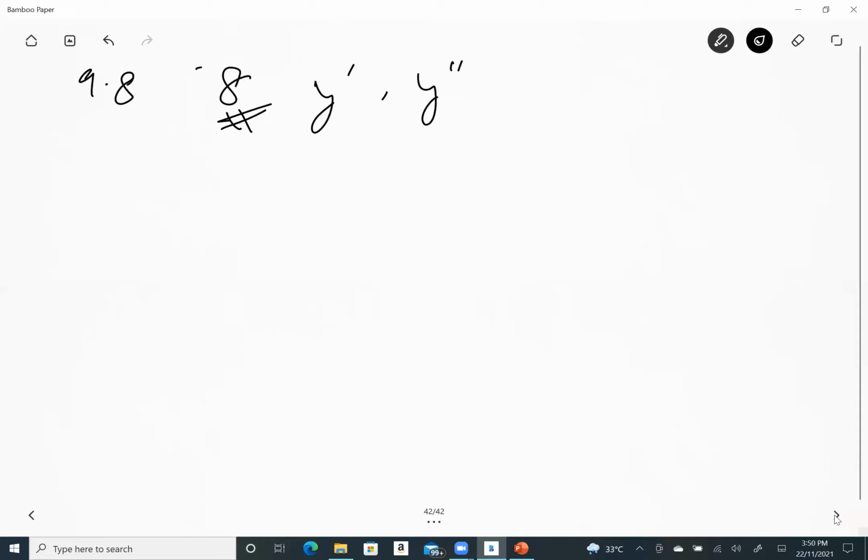Okay, 9.8, I give you some homework questions. Just do up to the second derivative. There are many questions, I'll give you some for your practice. Do number 1, number 4, number 6, and the one that we are doing now.